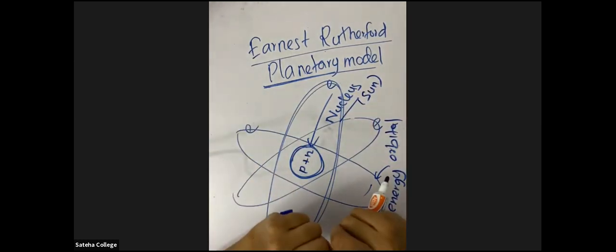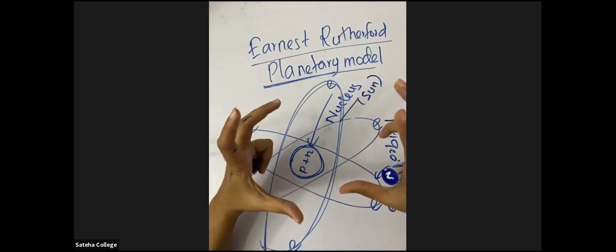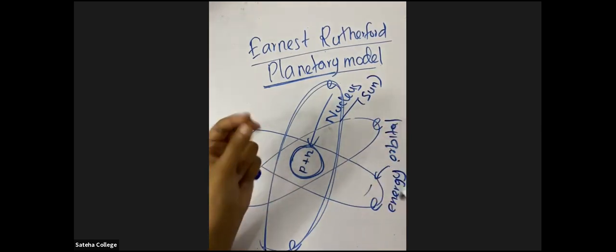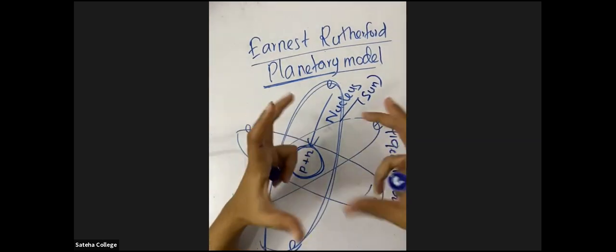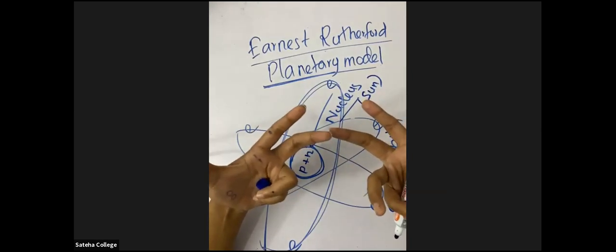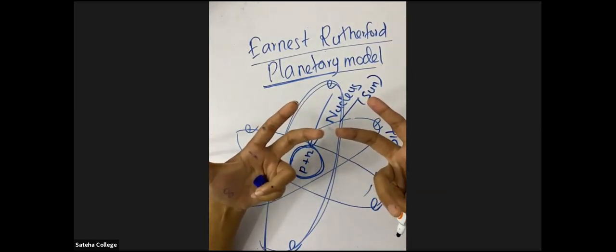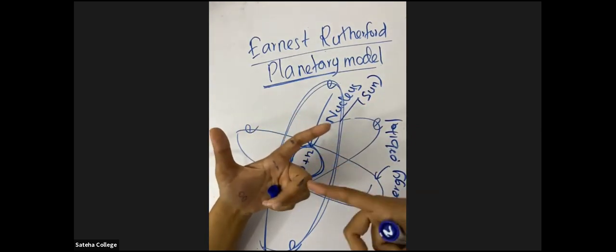So what did he say? An atom is a pudding mixed with, what do you have inside the pudding? Plums. So what were those plums? The plums are the proton, neutron, and electron.